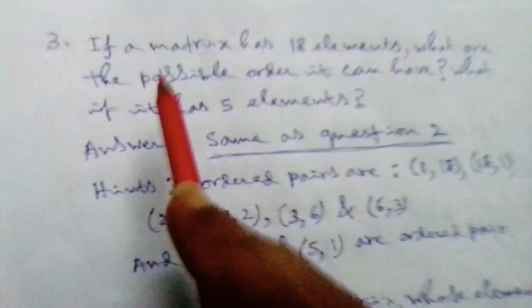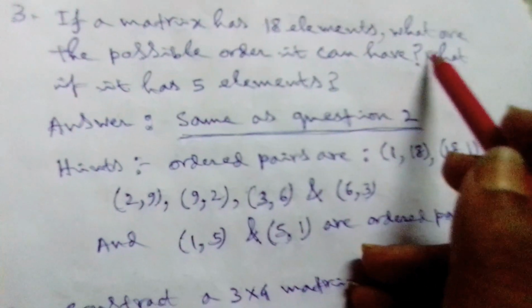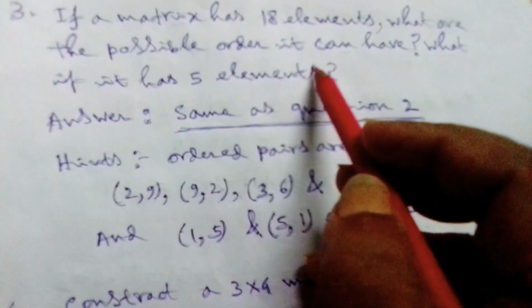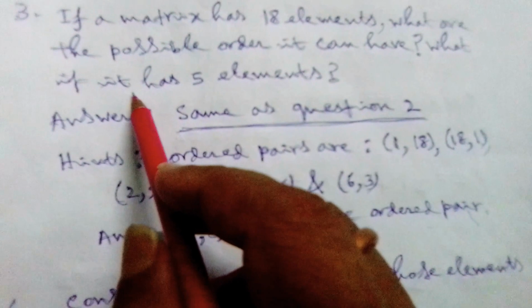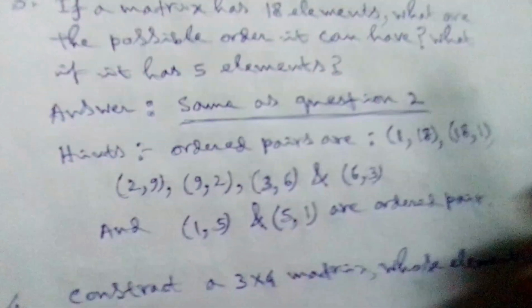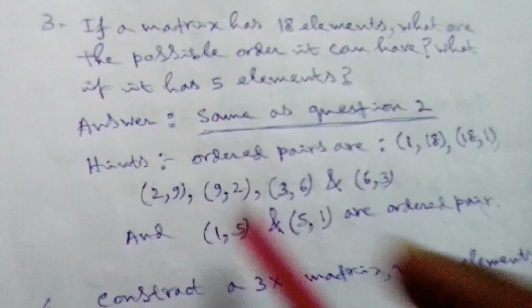Now we are going to the third question. If a matrix has 18 elements, what are the possible orders it can have, and what if it has 5 elements? It is the same as we considered in the second problem. Here we also take the factorization method.